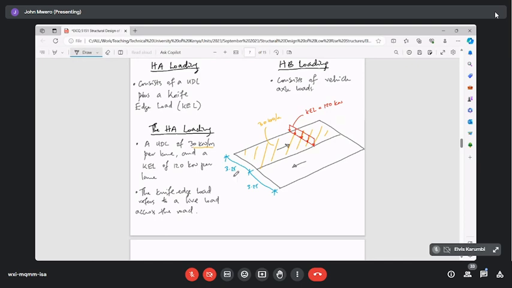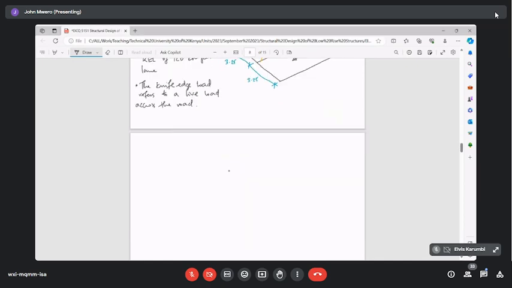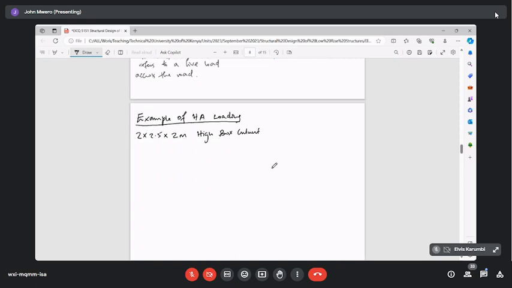So consider, right here, an example of HA loading. We want to work with a 2 by 2.5 by 2 meters high box culvert. So basically it's a twin cell box culvert, and I'm making an attempt here to draw it in 3D.